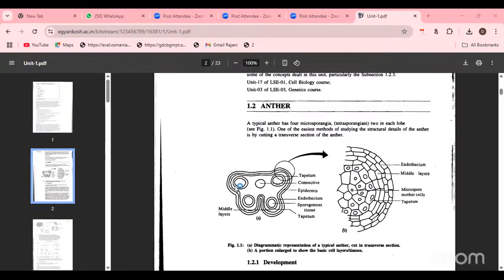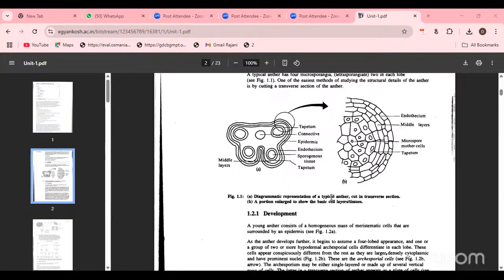This diagram represents a typical anther structure, and you can observe it in the transverse section of the anther. See the second picture, enlarged to show the basic cell layer tissue. This is the endothecium, this is the middle layer and the microspore mother cells, and inside, the tapetum cells are also present.